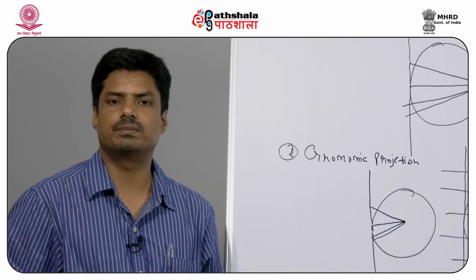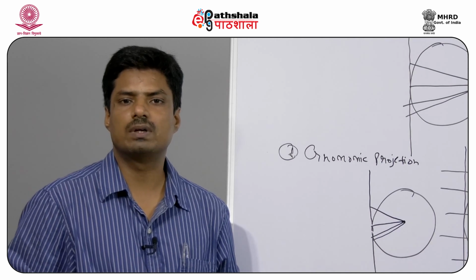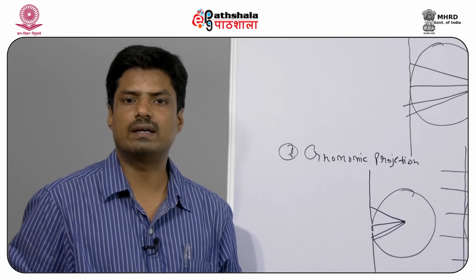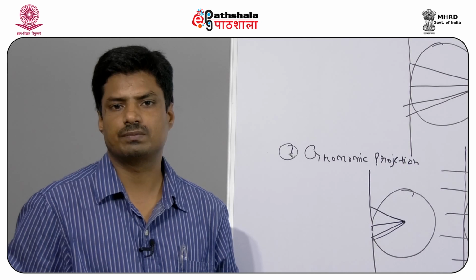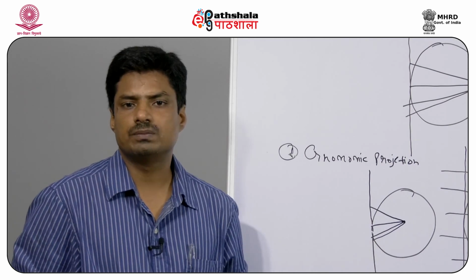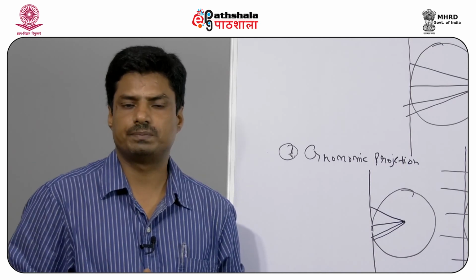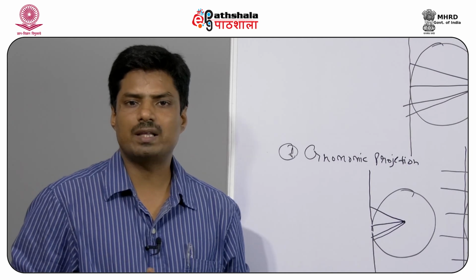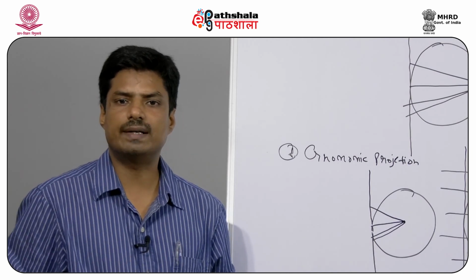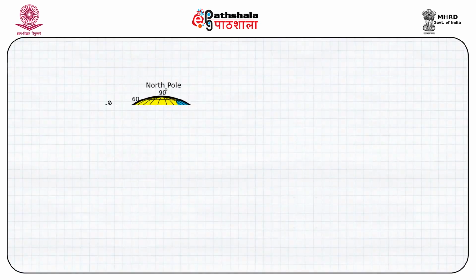A geographical coordinate system gives locations in terms of x and y. You know, the world map has been drawn upon the latitudes and longitudes.